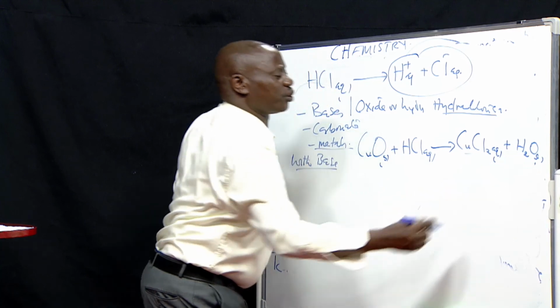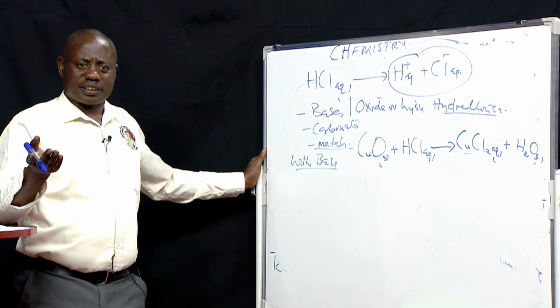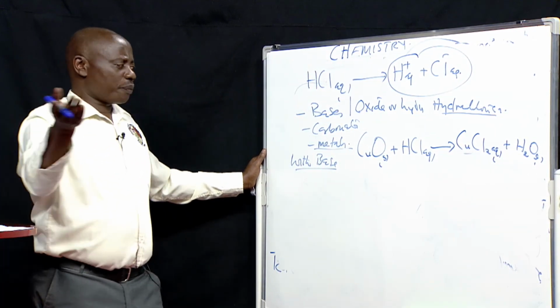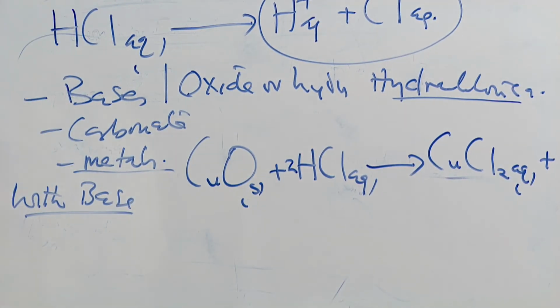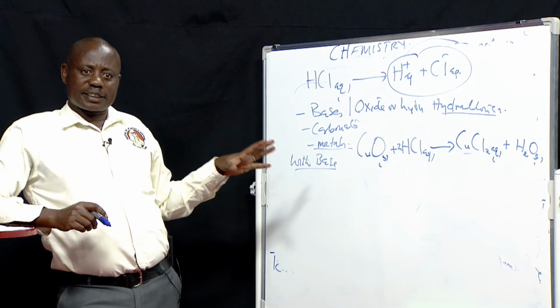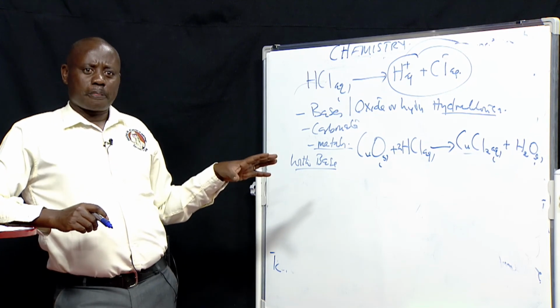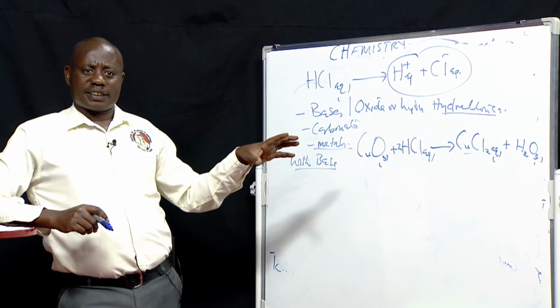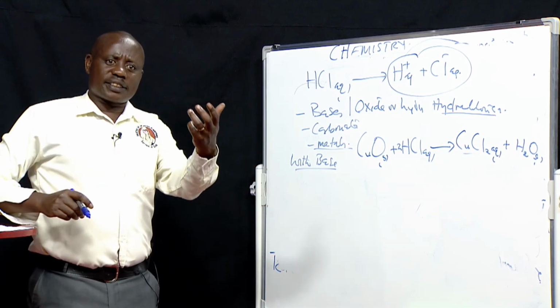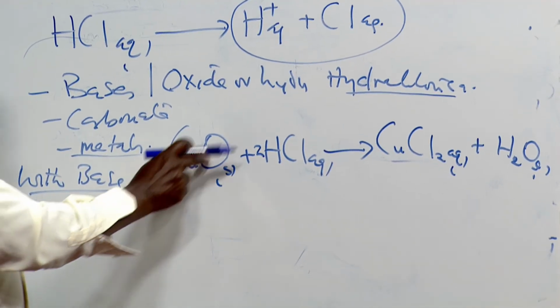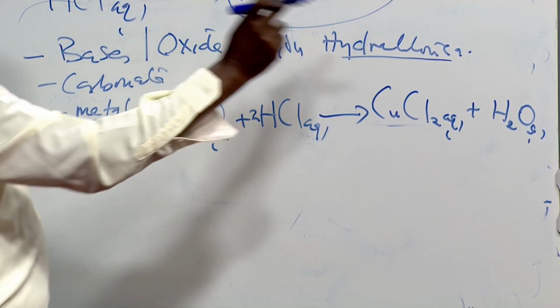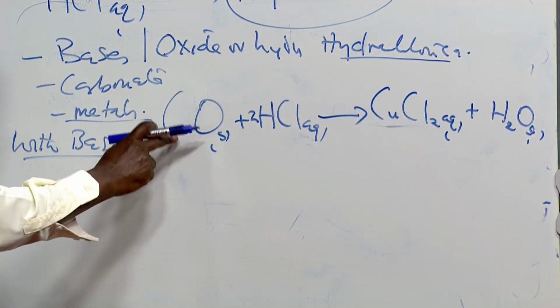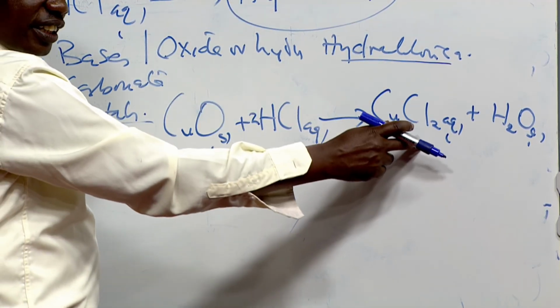And when you write an equation, you mind about balancing it. To balance the equation, you look at the chloride and put 2 here. That is the reaction between a base and acid. When we have sodium oxide, we form sodium chloride. When we have magnesium oxide, we form magnesium chloride. When we have zinc oxide, we form zinc chloride.